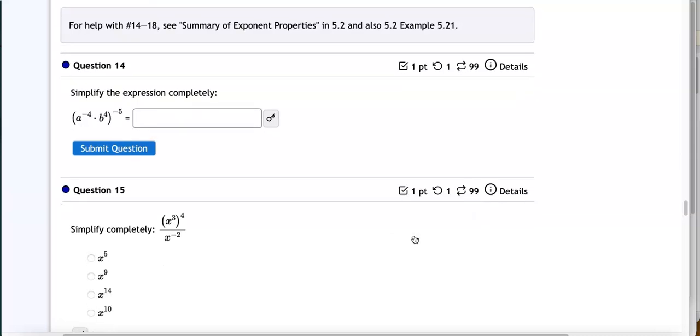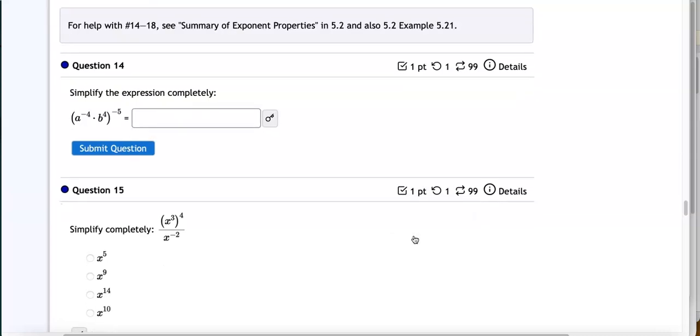Now, we're going to mix together these various properties in the next several problems, applying them in multiple steps. So here in question 14, the first thing I want to note is that I have a power rule, so I can apply this power rule. The -5 is going to multiply times the -4 and also the +4.